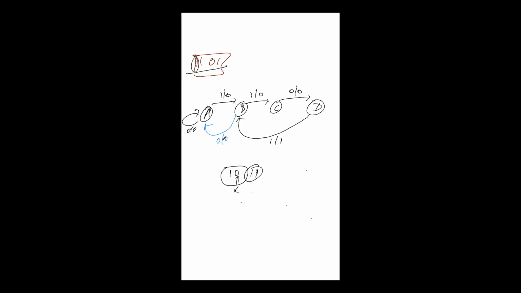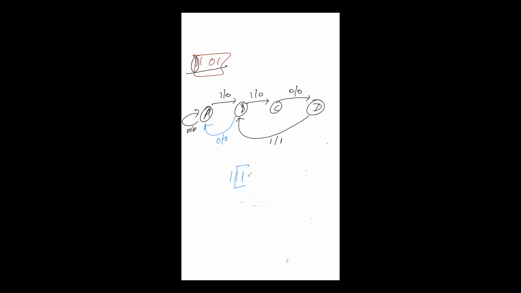Right? Now let us suppose you are at state C. State C, that means you have got 1 1. Now instead of 0 you are getting 1 again. Now this is very important, interesting. If you are getting 1, this is not correct because you have to get 0, but you are getting 1 here. So you can utilize this one, right?